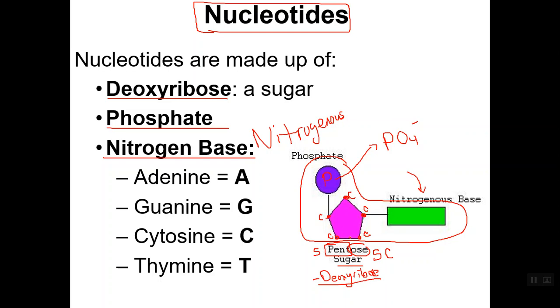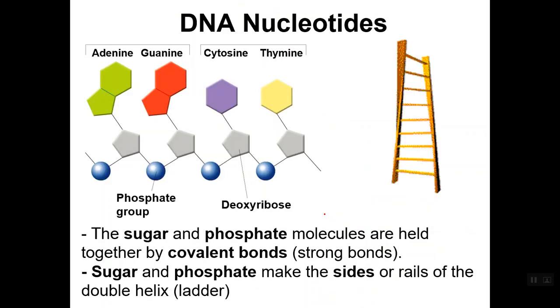If this were an RNA molecule, what would the sugar be? The sugar would be ribose, right? And then the last component, again, one of these 4 nitrogenous bases, so adenine, guanine, cytosine, and thymine. So this could either be an A, a T, a G, or a C. And that's it. That's what a nucleotide's made of.